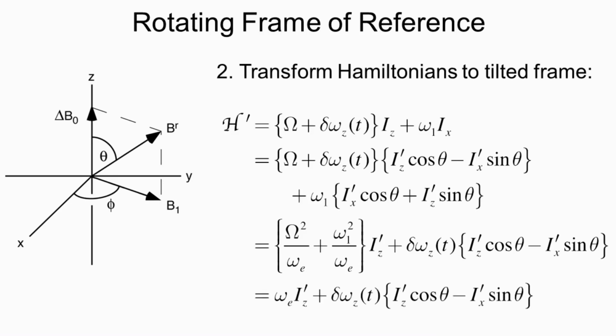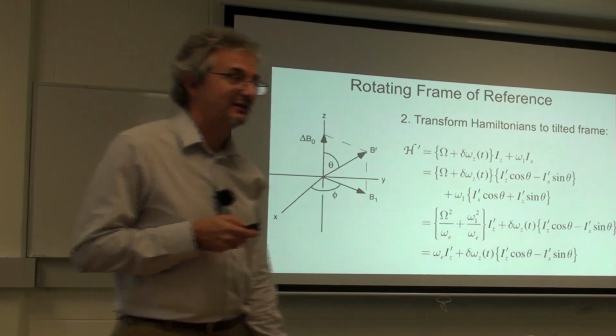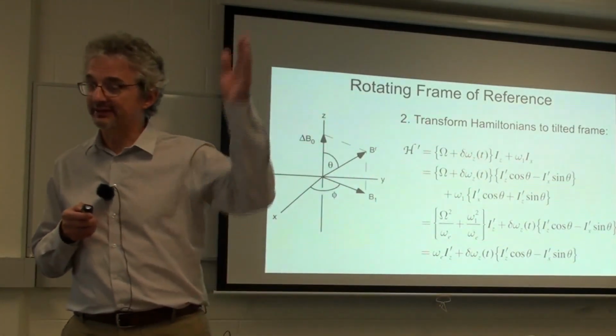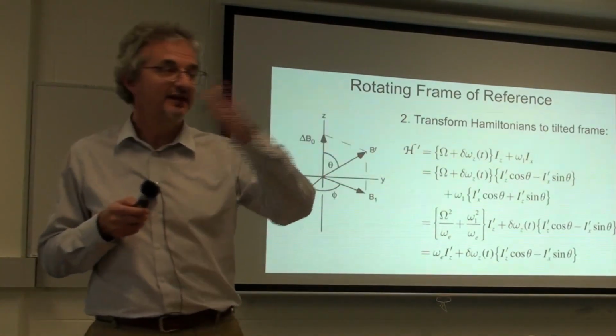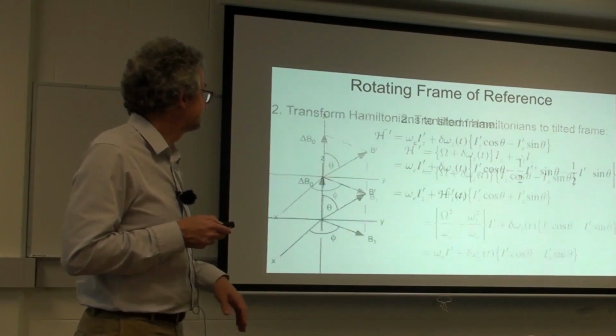And now the second term is the fluctuations projected onto the tilted frame. I started out just caring about the projections along the z-axis. Now I've projected them onto my new tilted frame.